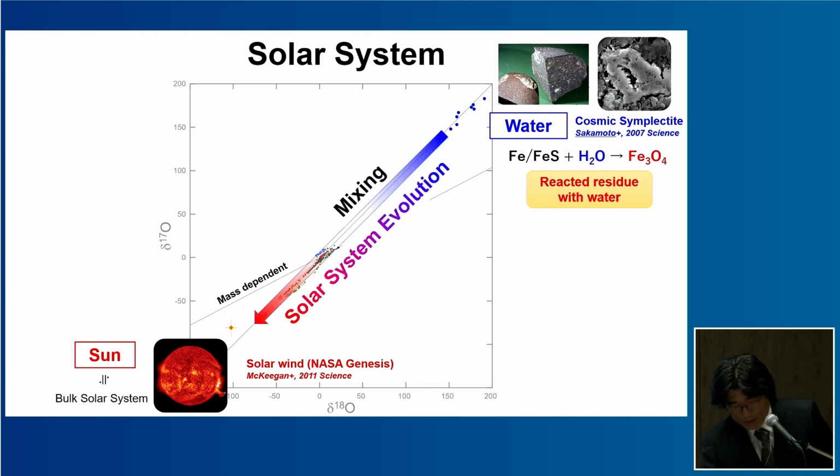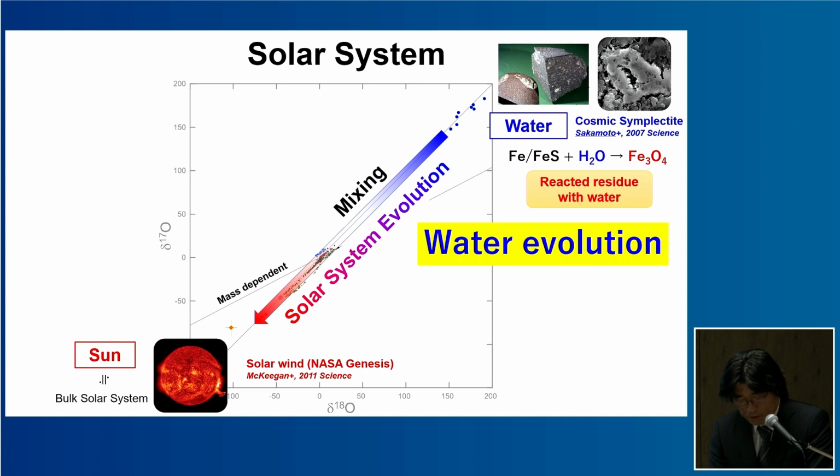So now people believe our solar system was formed by mixing of water and the bulk solar system. Therefore, solar system evolution can be understood as water evolution.